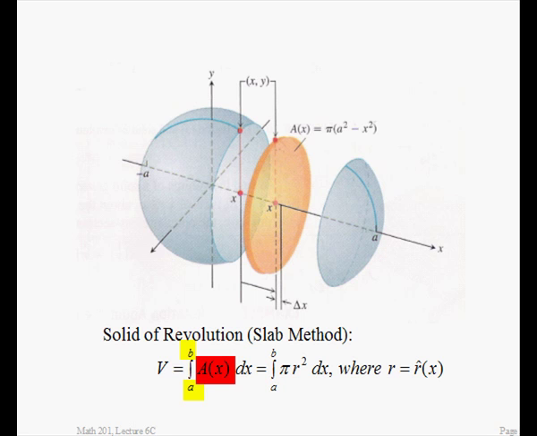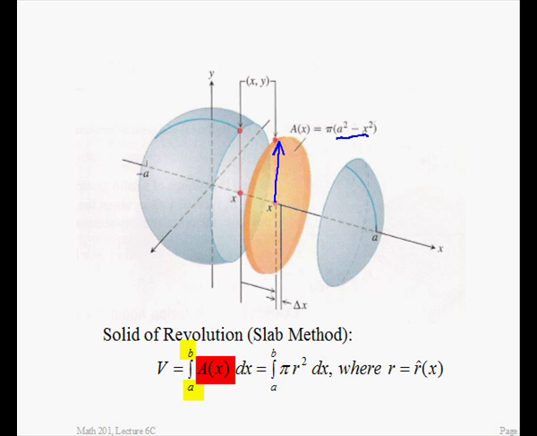The cross-sectional area of the solid of revolution, as you can see here, is a circle because of its symmetry and because of how you place it on the x-axis. It is a circular cross-section, and the area is pi r squared, where r is right here. It's a value of y, and that expression has to be worked out in this case.